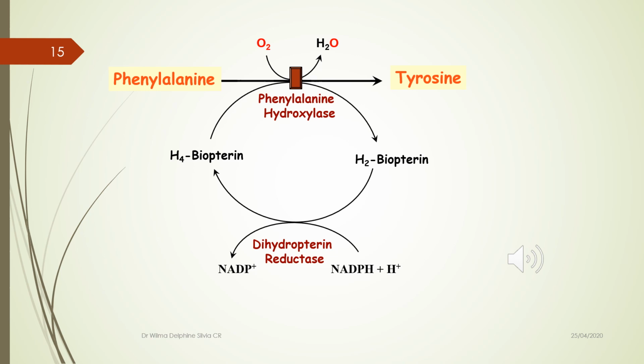Hence, phenylalanine cannot be converted into tyrosine. But there are other causes for phenylketonuria also. It may be due to a defect in dihydrobiopterin reductase, the enzyme required to regenerate tetrahydrobiopterin from dihydrobiopterin, or a defect in dihydrobiopterin synthesis.